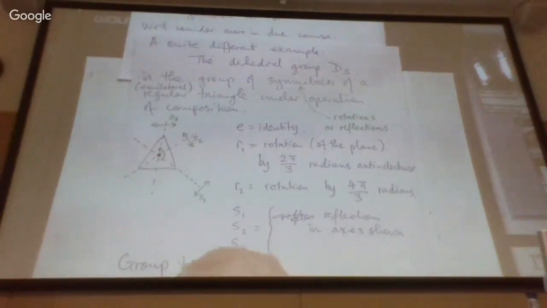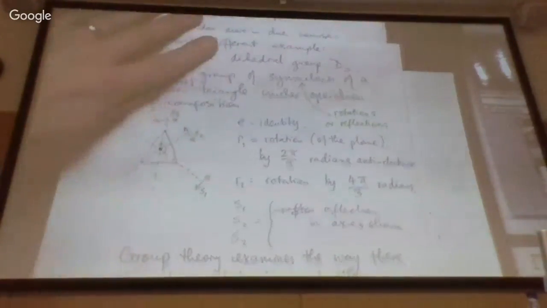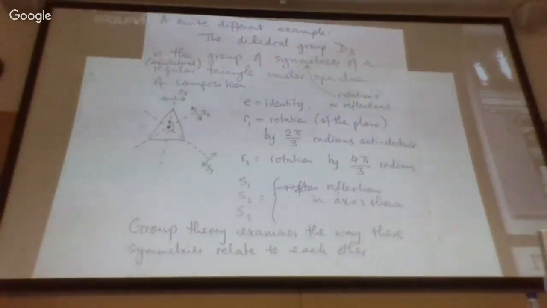But where group theory comes in, group theory examines the way these symmetries relate to each other. This is where the operation comes in, so by this I mean we're considering the operation of composition.